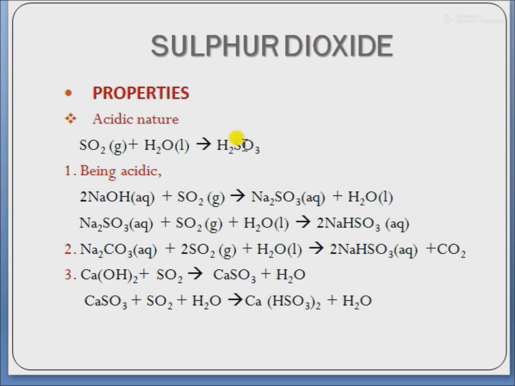Being acid, it reacts readily with sodium hydroxide solution, forming sodium sulfite, which then reacts with more sulfur dioxide to form sodium bisulfite, that is sodium hydroxide NaOH plus SO2 gives sodium sulfite Na2SO3, which then reacts with more SO2 to change into sodium bisulfite NaHSO3.